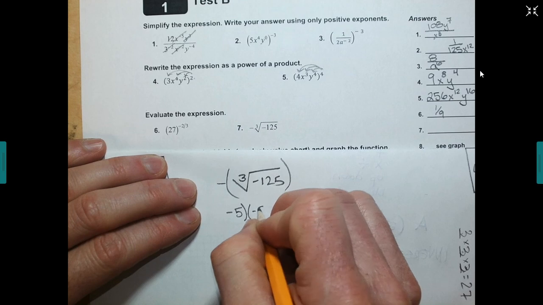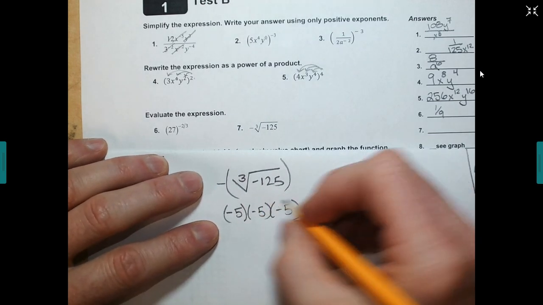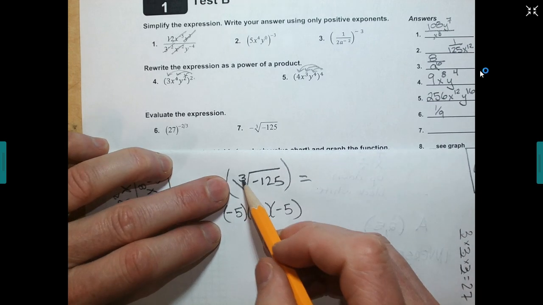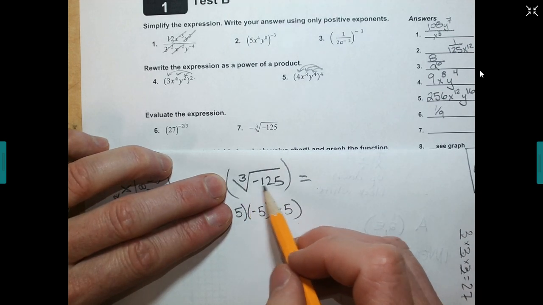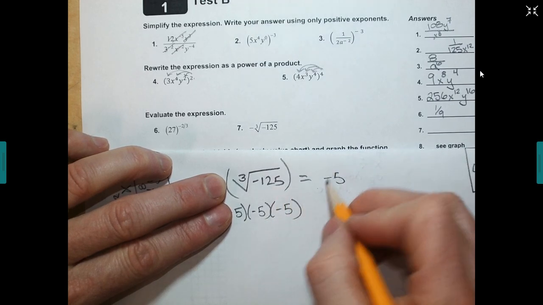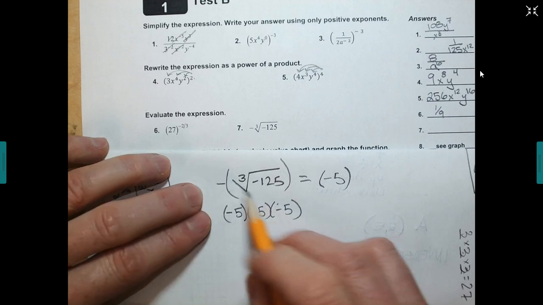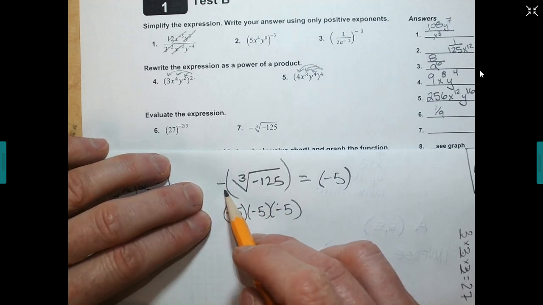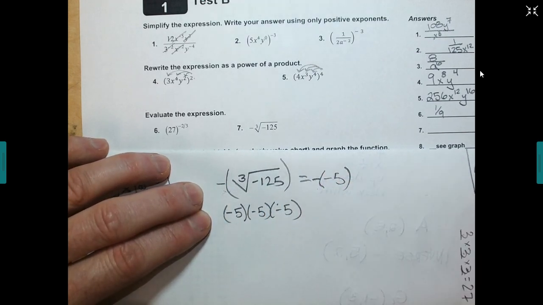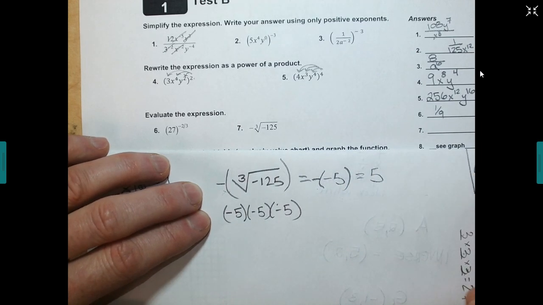Negative 5 times negative 5 times negative 5. So that gets me there. So the cube root of negative 125 is negative 5. Now, that's what's here inside the parentheses. Now, outside the parentheses is this negative. So I have to put the negative there. So I have negative negative 5, so I get positive 5.